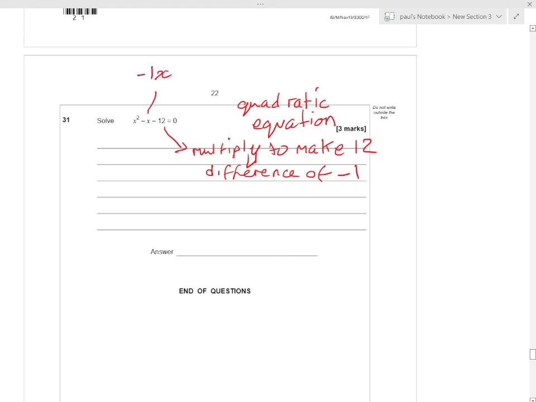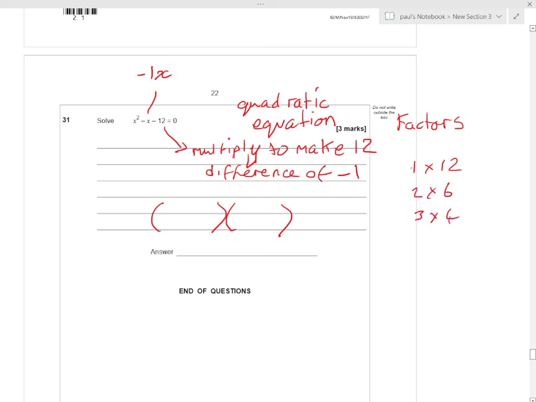So we do double brackets like this, and we need factors of 12. The factors of 12 are 1 times 12, 2 times 6, and 3 times 4.